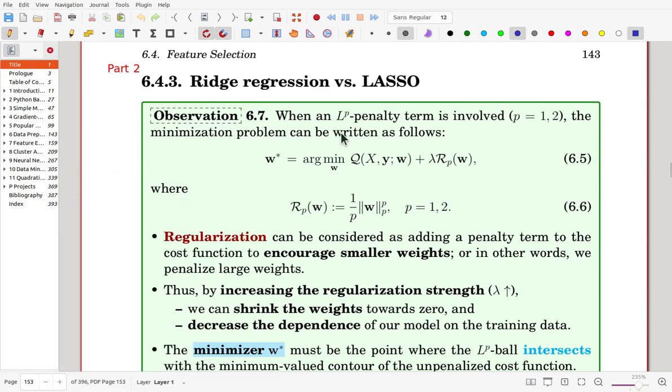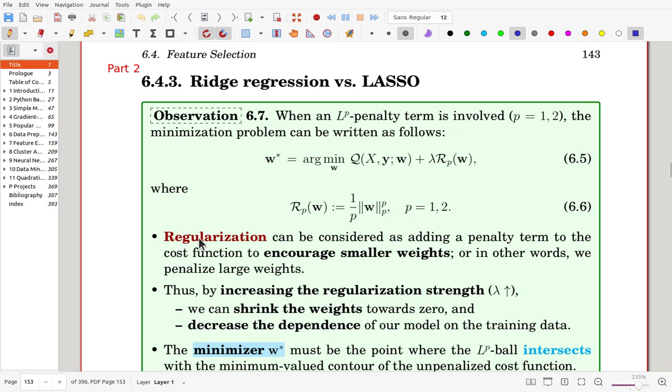When an Lp penalty term is added to the original cost function, it is now formulated in this way. Here, Rp is just the p-norm of the weight.